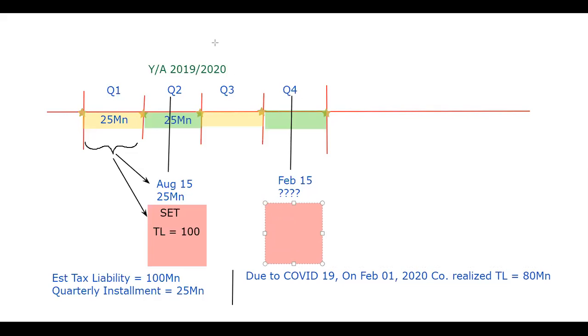What you need to do is submit a revised SET, declaring the turnover tax liability as 80 million. Then the calculation you need to do is like this.